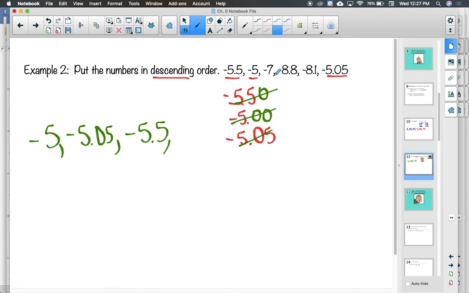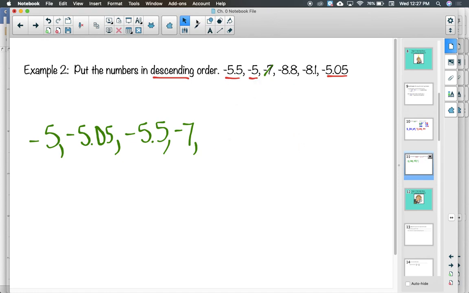Now the numbers that are left, I've got -7, -8 and 8 tenths, -8 and 1 tenth. Again, I'm looking for the number closest to 0, looking for my largest number right now in the negatives. So that's going to be my -7. I'm just going to clear up some space here to keep going. Now I have my two numbers with the -8 in the ones place.